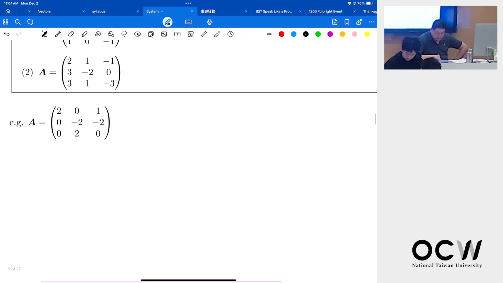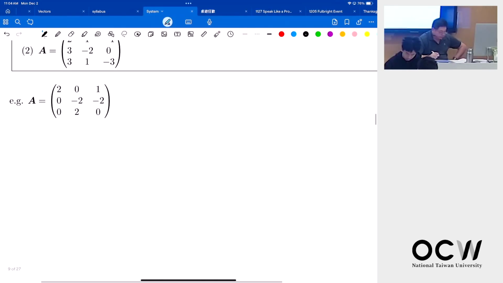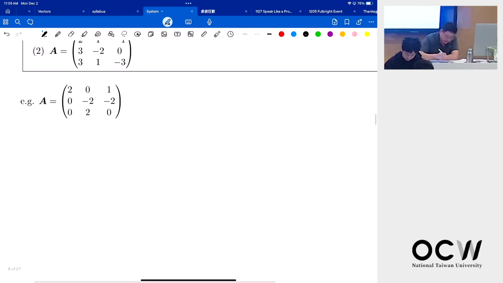Still a matrix A. I want to find the eigenvalues and the eigenvectors. So this time the eigenvalues are 2. The first is 2, and its associated eigenvector is (1, 0, 0).